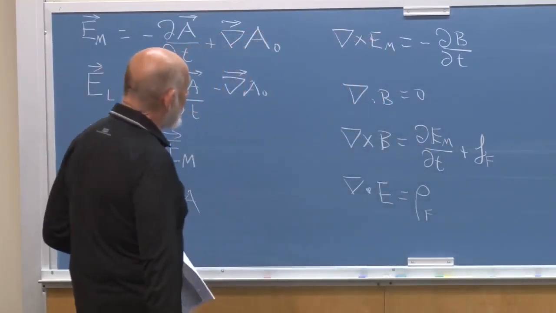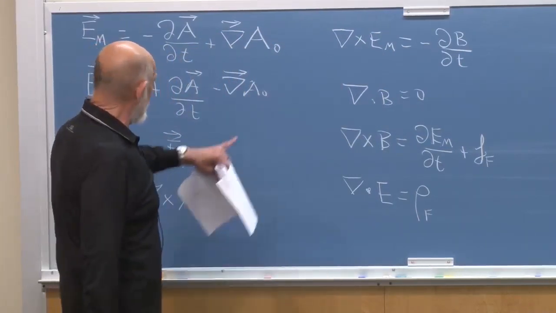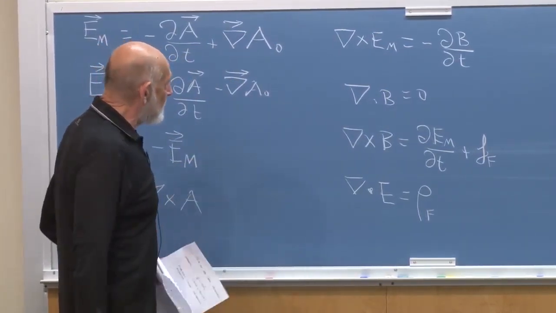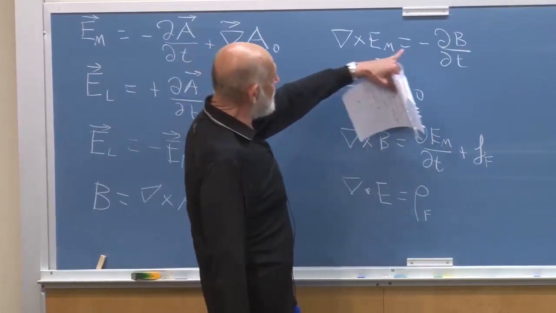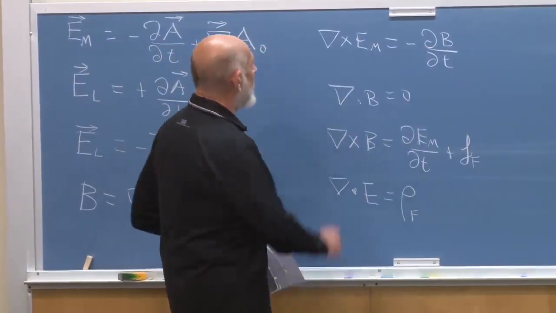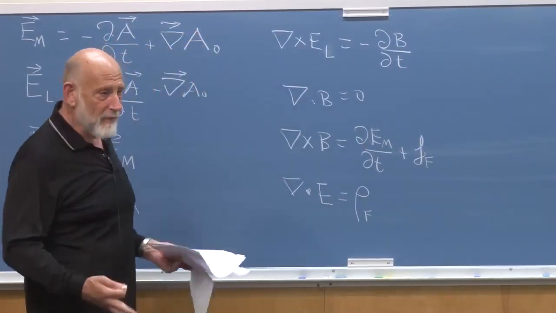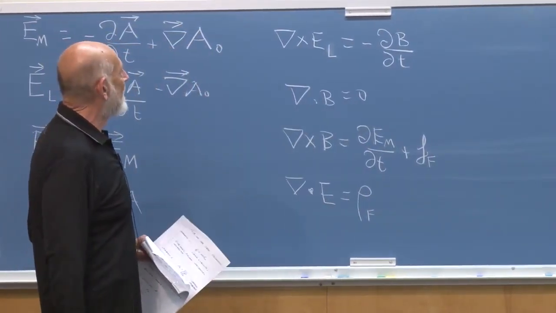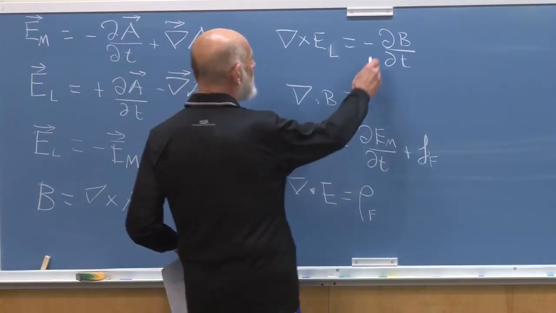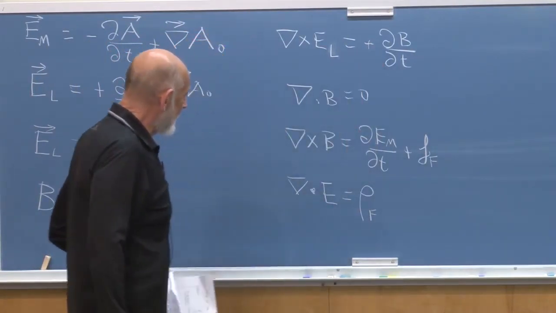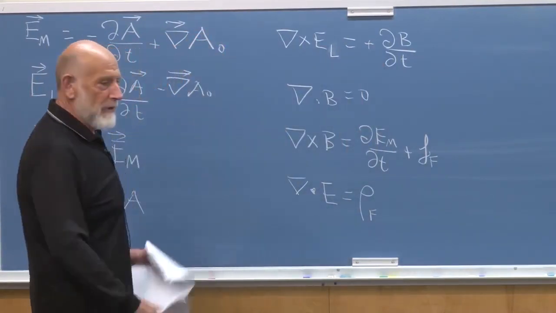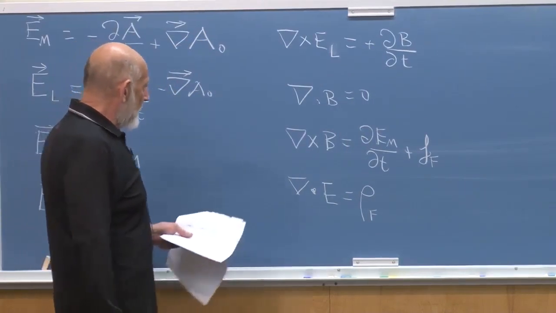All right, now, if you make the following changes of convention, you change the sign of the electric field, that changes the relative sign of these two, and it turns it into del cross Lenz's electric field is plus dB by dt. Del dot B equals 0, that doesn't change.